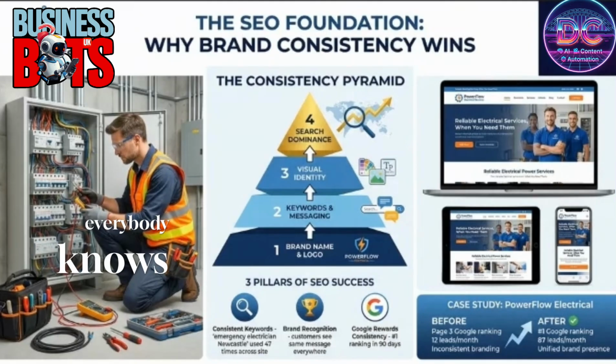Everybody knows their brand. But here's the reality. It doesn't work like that. You can't put a roof on a house with no walls. You've got to build up the foundation.